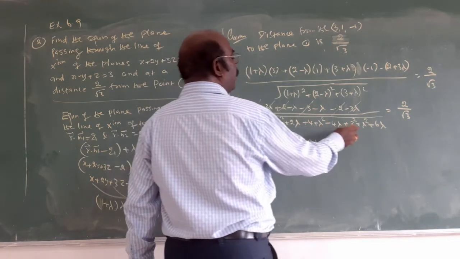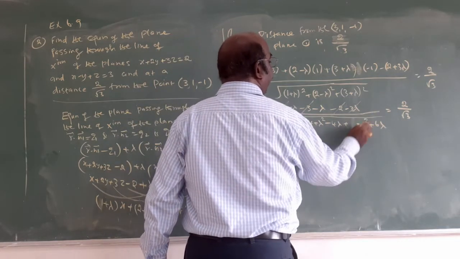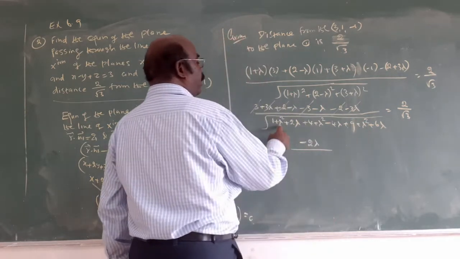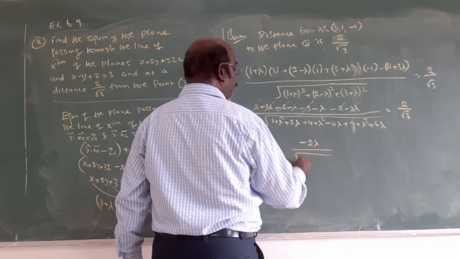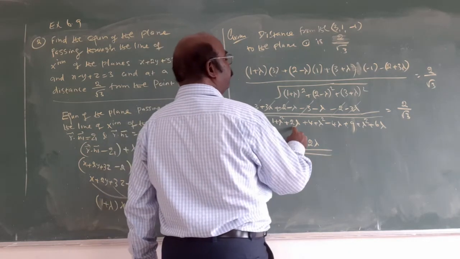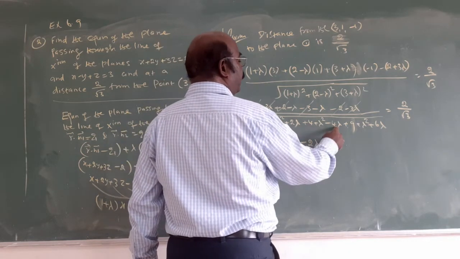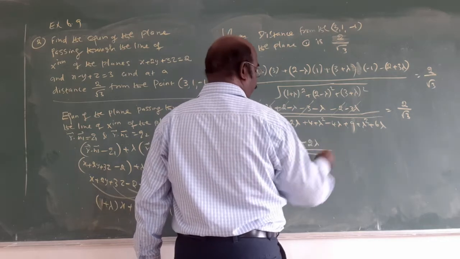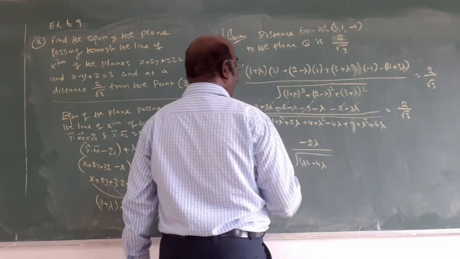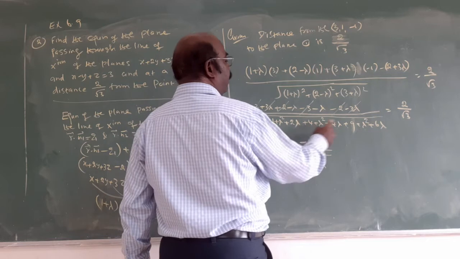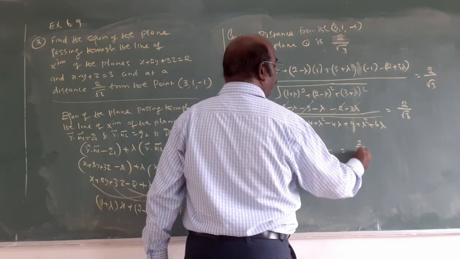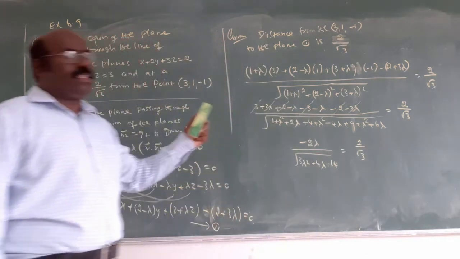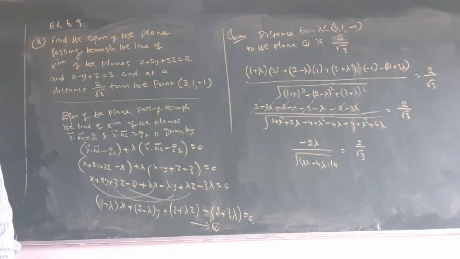Here in the denominator, 3 squared is what? 9. Lambda square plus lambda square plus 3 lambda square within the square root, then lambda terms, and the constant is 14. So 3 lambda square plus 4 lambda plus 14 equal to 2 by root 3. Now actually the formula is inside the modulus alone.